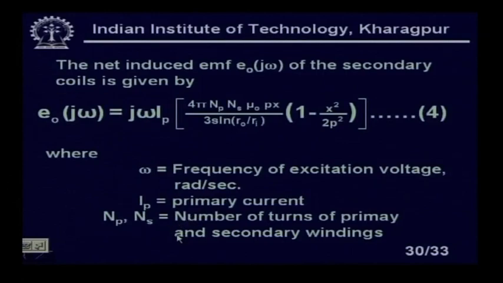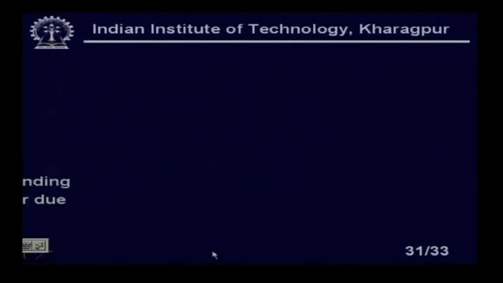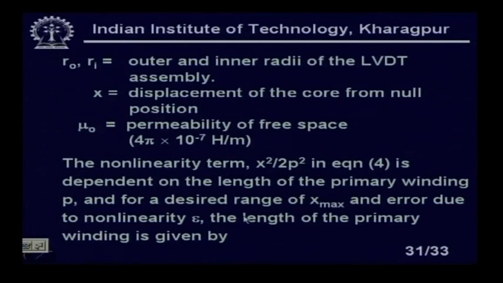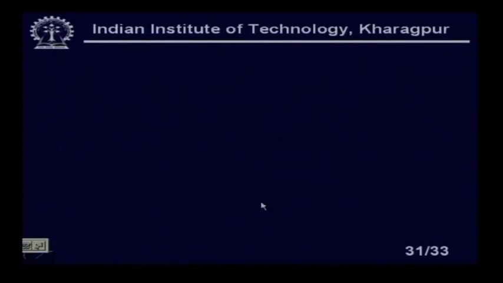Np and Ns are the numbers of turns of the primary and secondary windings, Ro and Ri are the outer and inner radii of the LVDT assembly, and x is the displacement of the core from the null position. Mu naught is the permeability of free space, 4 pi 10 to the minus 7.